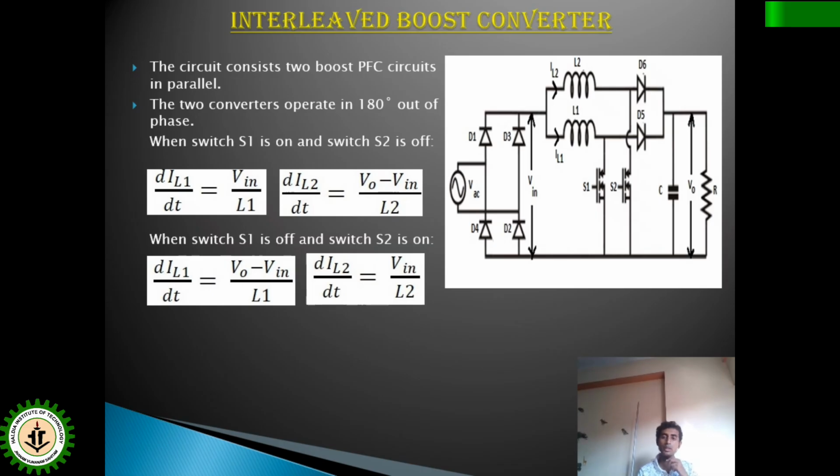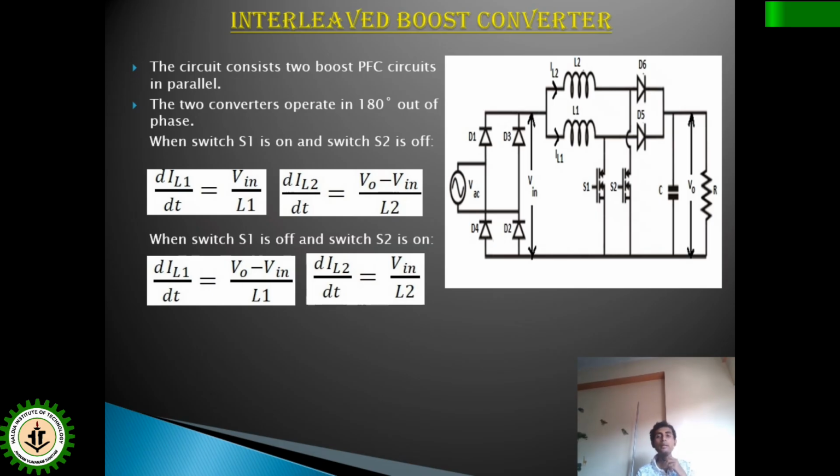So suppose when switch S1 is on, the current IL1 will flow through inductor L1, switch S1 and back. At that time S2 will be off, so IL2 will flow through inductor L2, diode D6 and load, then back. So inductor current IL1 in this time is increasing and IL2 is decreasing.